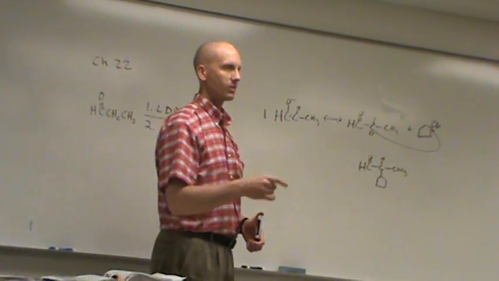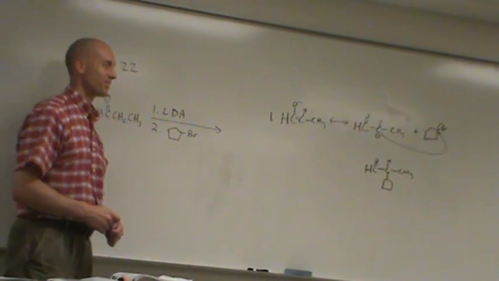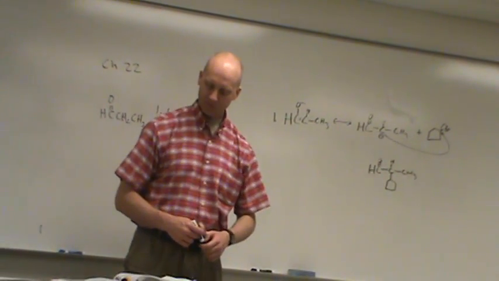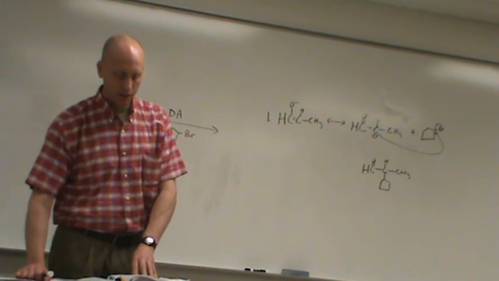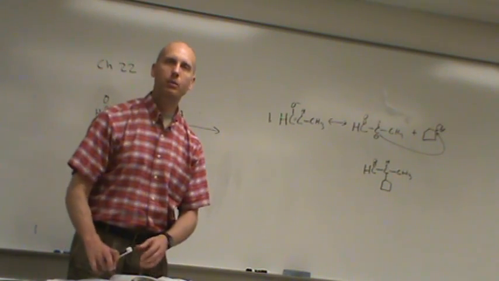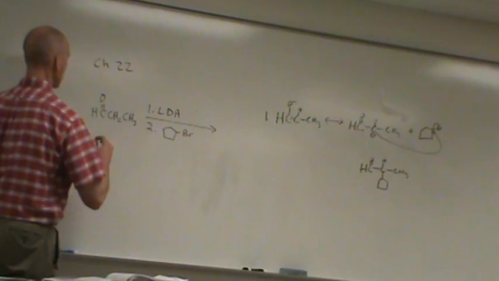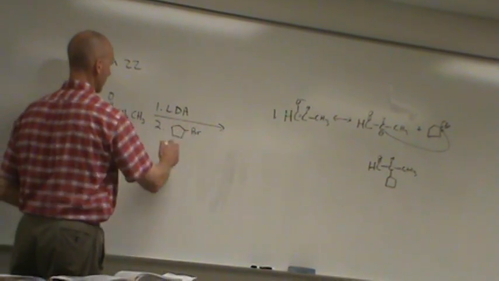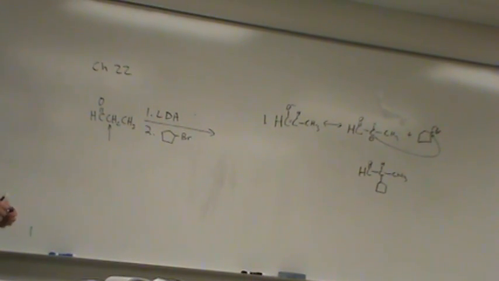Okay, it's the thought that counts. So any questions on alkylating the alpha carbon? Pretty straightforward. All I have to remember is it's this carbon here that attacks the substrate.